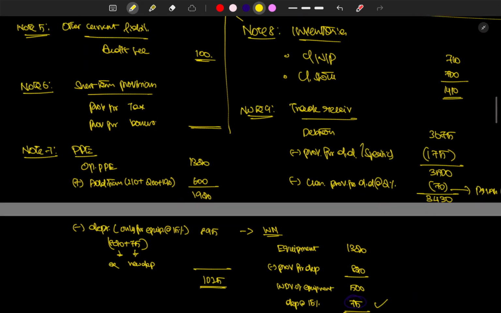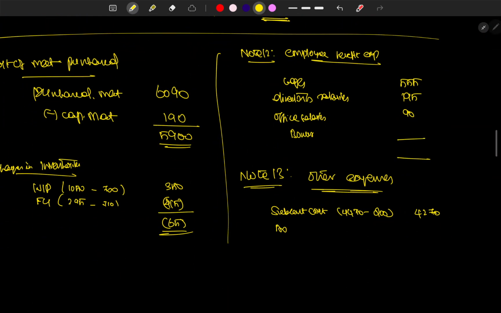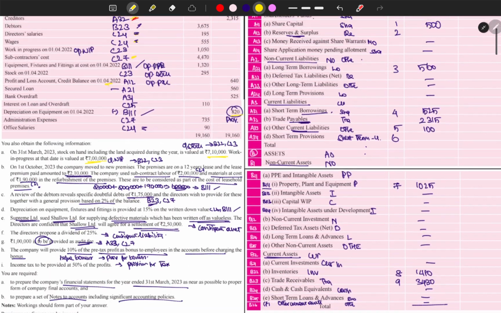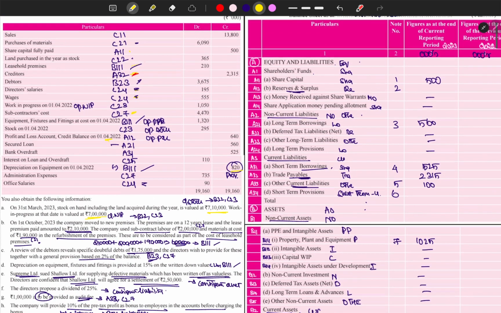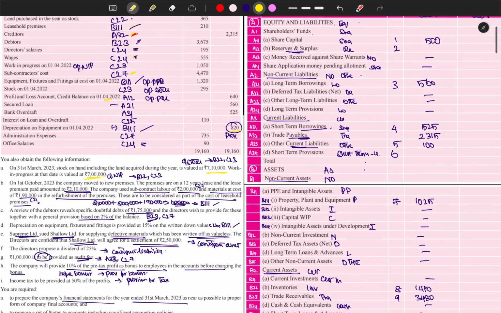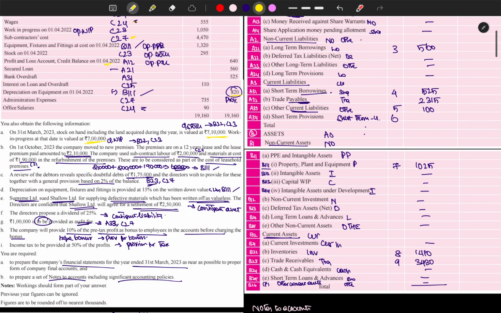Administration expense 735. Any other C27C? Provision needs to be given, and audit fee.